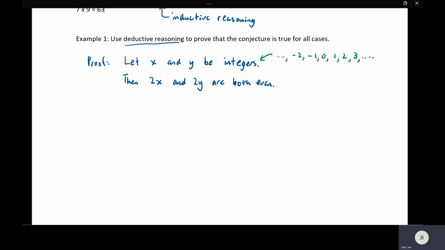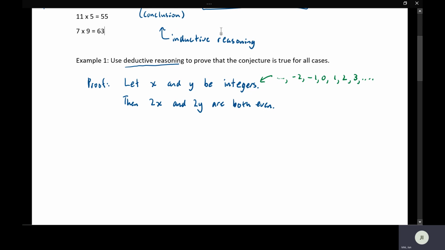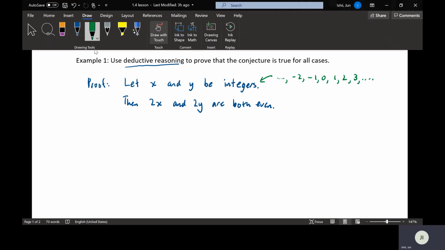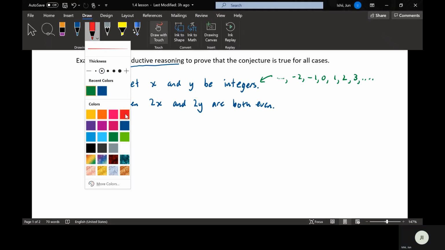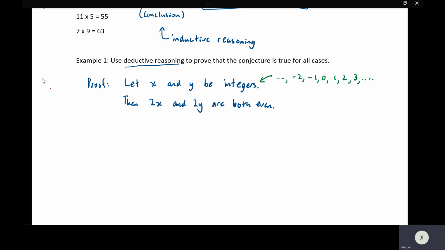Okay, the reason they're both even is because no matter what, if I take any one of these integers and multiply it by 2, I'm going to get -4, -2, 0 times 2 is still 0, 1 times 2 is 2, then 4, and then 6, and so on.